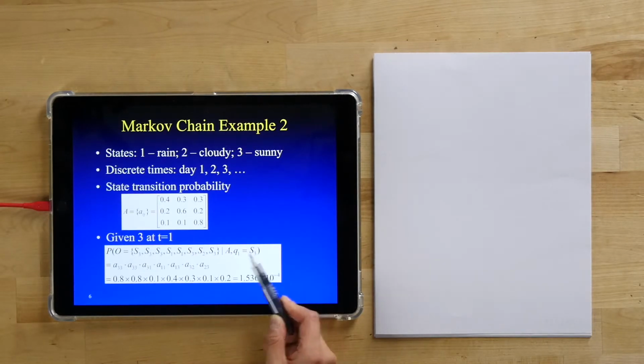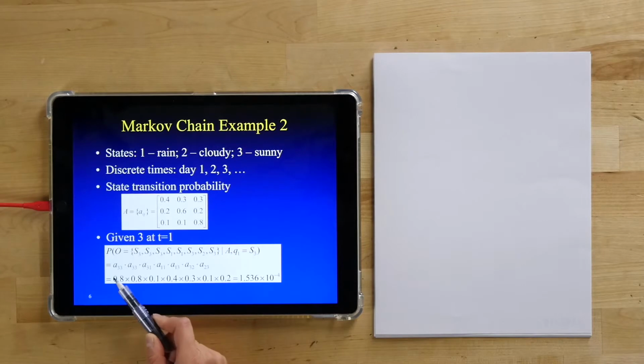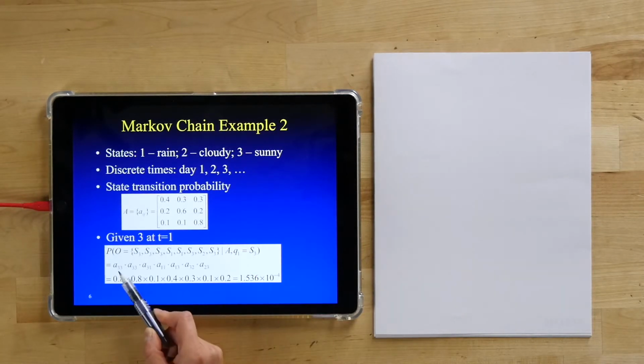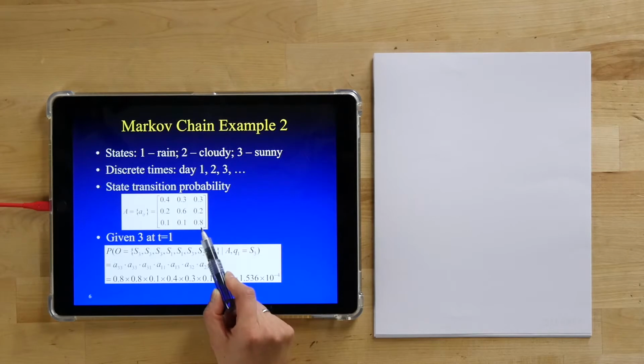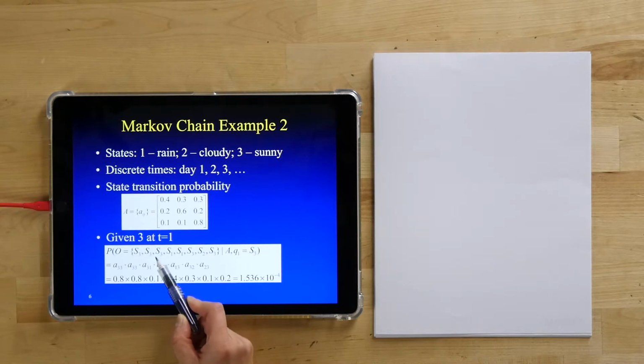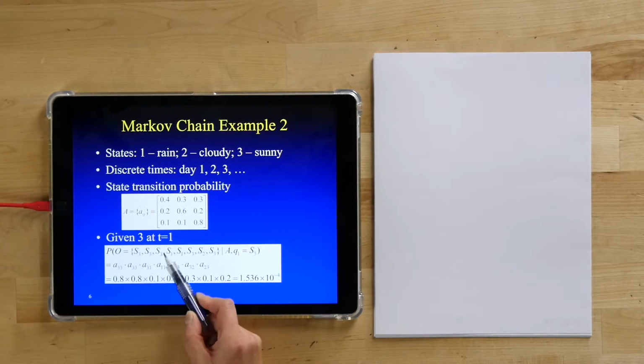And this is based on the transition probability. If we know the previous day is a sunny day, the next day being sunny is a transition A33, which is 0.8 in here. And then that's the sunny to sunny, and then this another sunny to sunny in here, again 0.8.